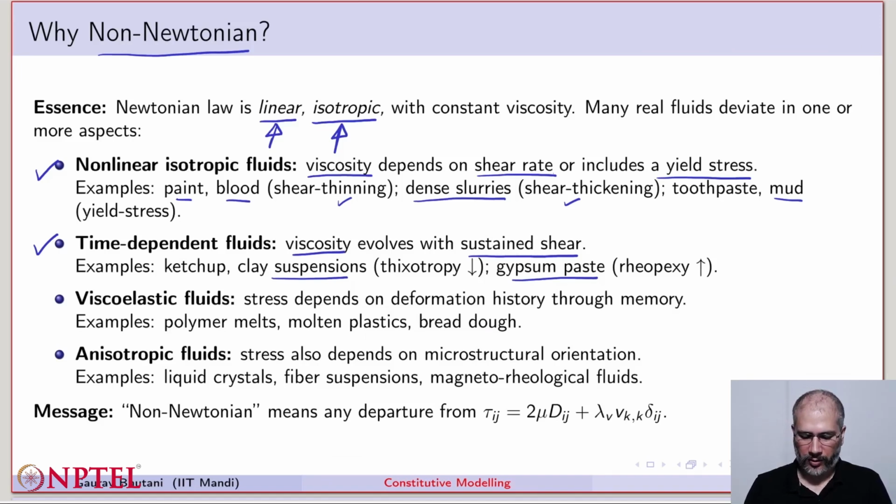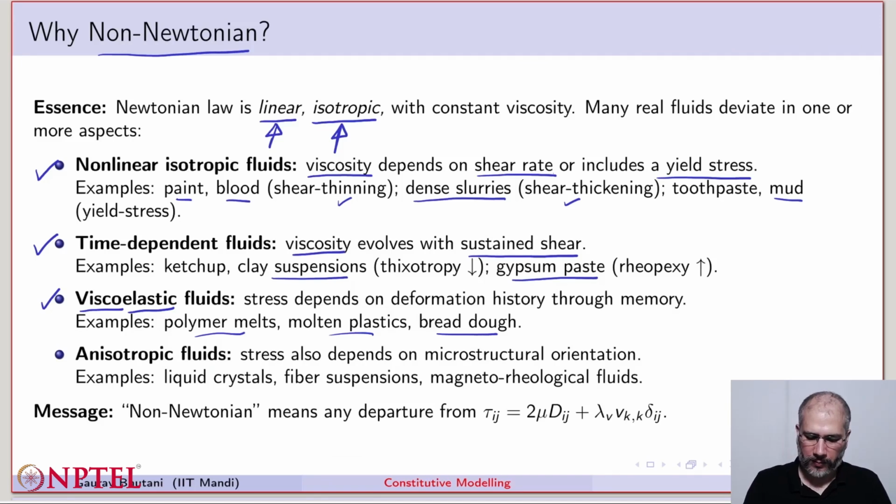Then we have a class of very interesting fluid which are called viscoelastic fluids. So they show both an elastic solid-like behavior and viscous, which is a fluid-like behavior. And we'll be discussing these in a little bit of a detail today. And these materials include polymers, molten plastics, even bread dough.